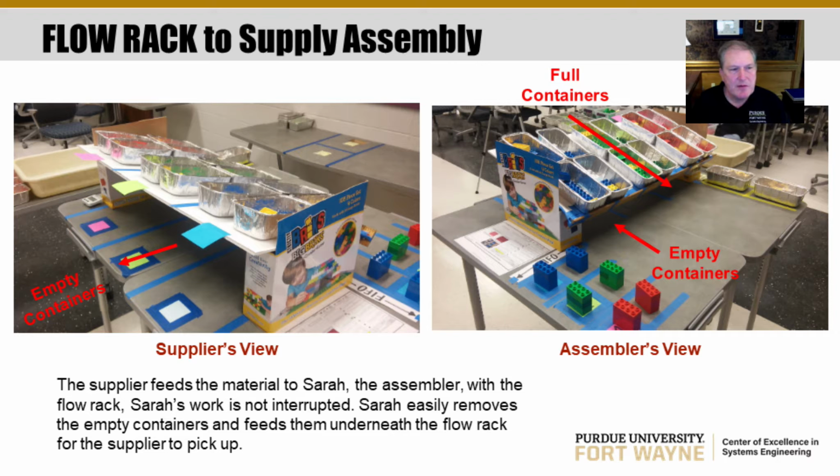So Sarah came up with the idea of a flow rack where parts flow from the top to her work area, and then she can simply slide the empty containers underneath the flow rack to exit the assembly station. This is an example of balancing the work to takt time and looking at any waste that exists in the work in order to meet takt time.